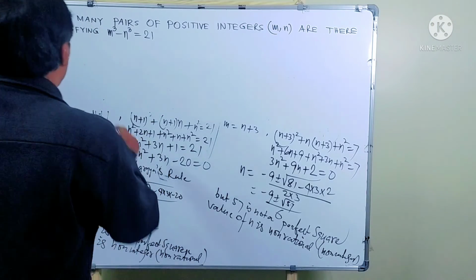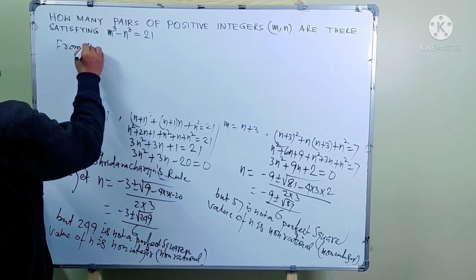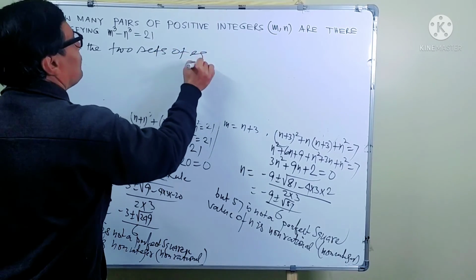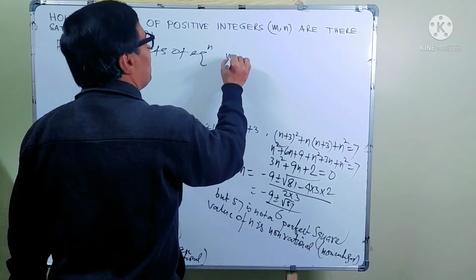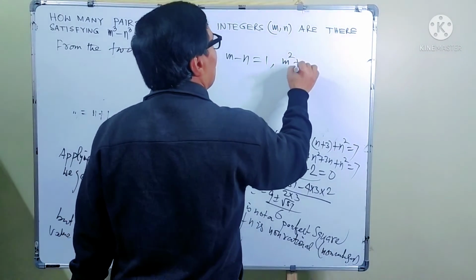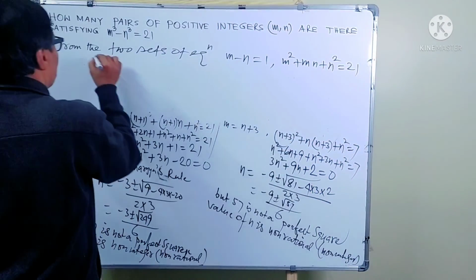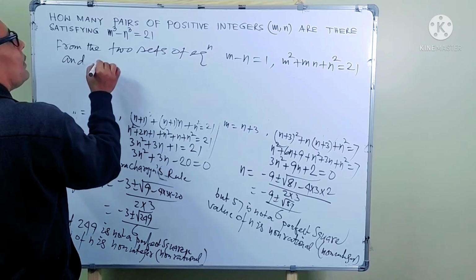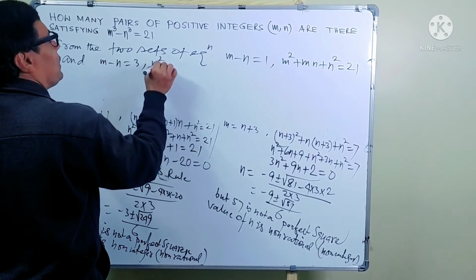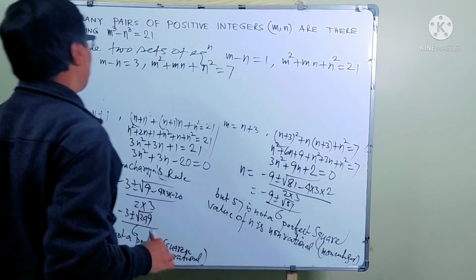The two sets of equations are: m minus n is equal to 1, m square plus mn plus n square is equal to 21, and m minus n is equal to 3, m square plus mn plus n square is equal to 7.